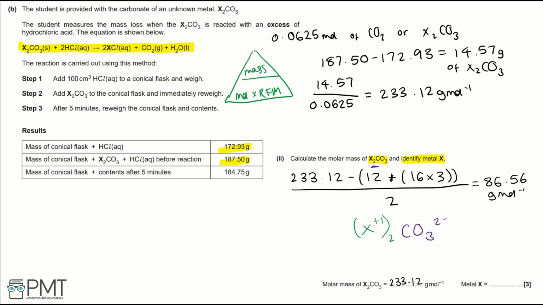And the closest one to this is rubidium. Its actual relative atomic mass is slightly lower than 86.56, but it is the closest group 1 element. Then, to get the 3 marks for this question, you get a mark for working out the moles of your carbonate, a mark for working out the molar mass of your carbonate, and a mark for identifying metal X as rubidium.